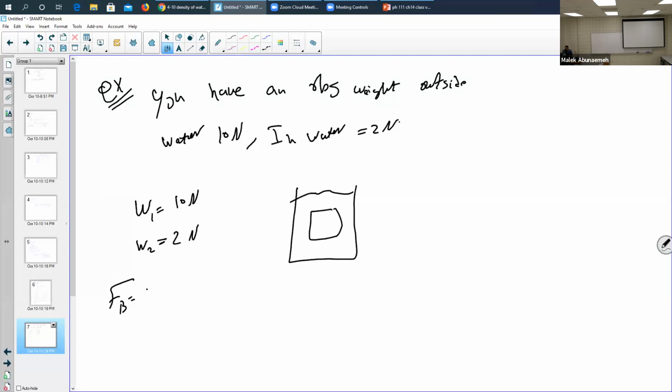That means your buoyant force is going to equal 10 minus 2, which is 8 newtons. That means you got 10 newtons going down here, and you got 8 newtons going upward with the buoyant force.